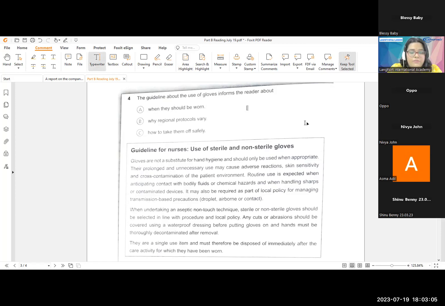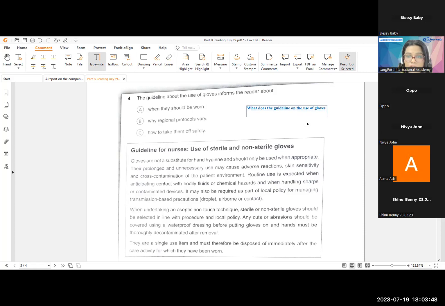So what do we need to find out here? The guideline is about use of gloves. It informs the reader about. So what do we need to find out here? Come on, tell me. About what? So we need to figure out what the guideline on the use of gloves informs the reader.